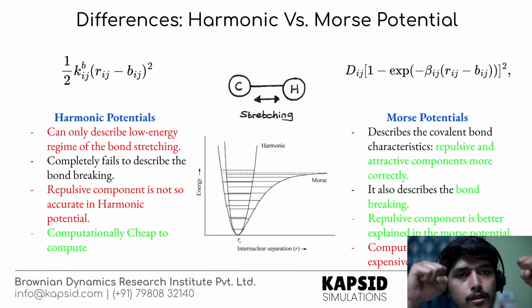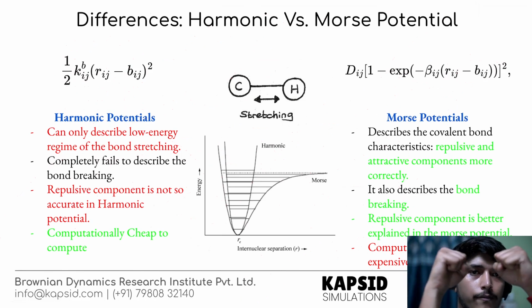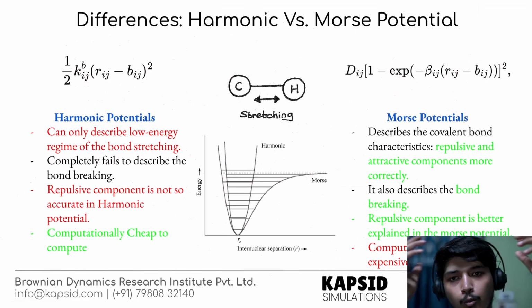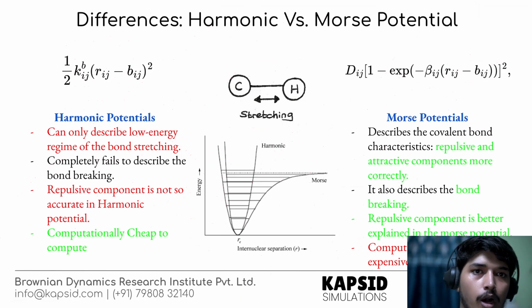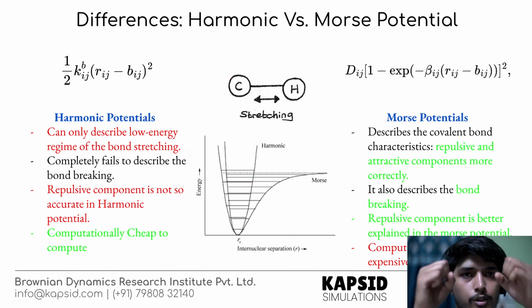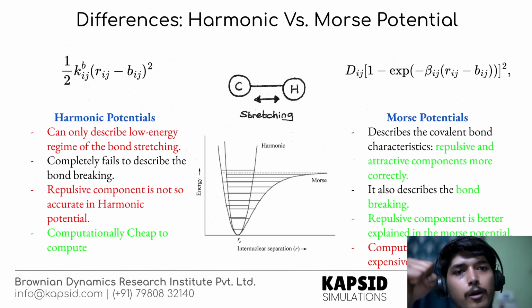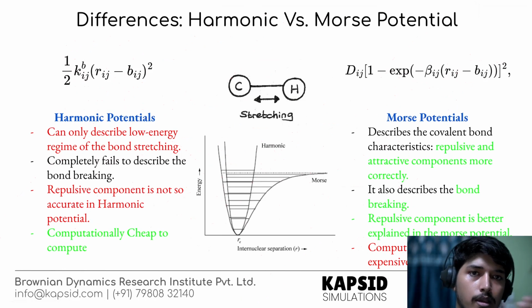Let's say a usual bond length of hydrogen is 1 point something Angstrom, and for some reason before the energy minimization your bond length is about 2 Angstroms, right? So it's double the natural bond length. So what will happen?